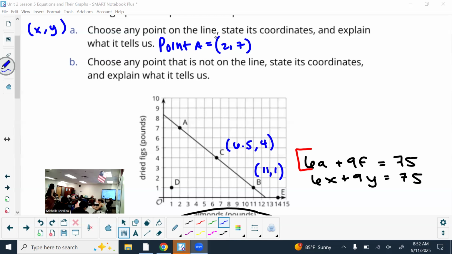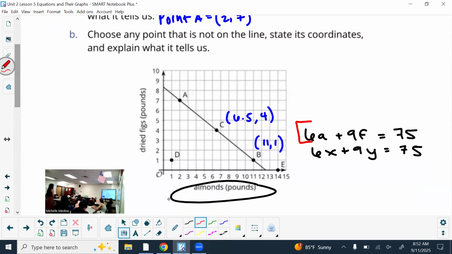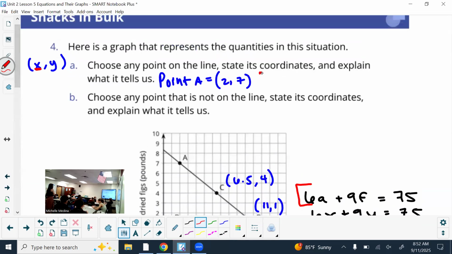Now, if you have a graph and it's labeled already, that makes it so much easier, because you just have to look. Okay, X usually comes first in the coordinate. What's on my X-axis? The pounds of almonds. So that means that she bought 2 pounds of almonds.